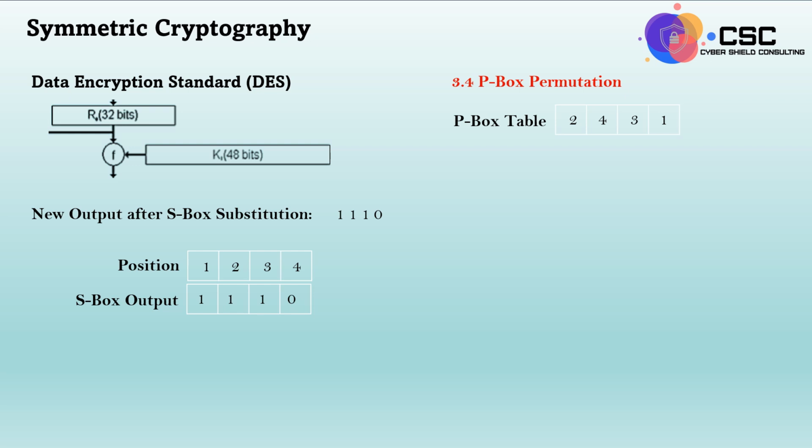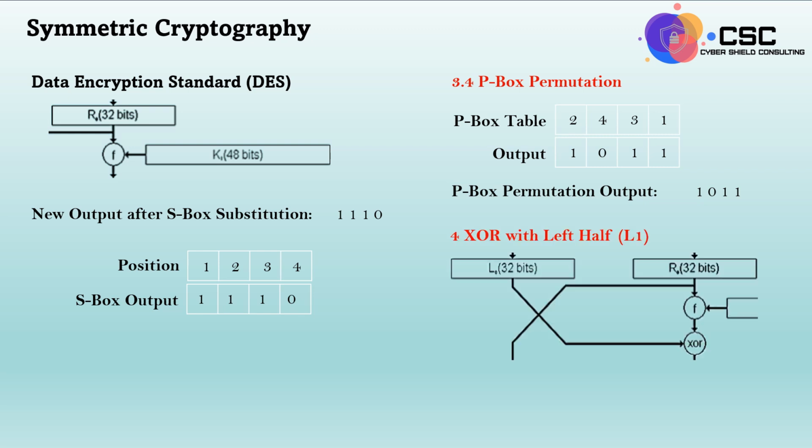Using the P-box table, the bits are reordered according to the predefined positions. In this case, the S-box output 1110 is transformed into 1011.